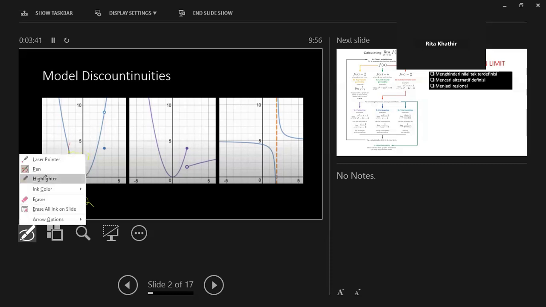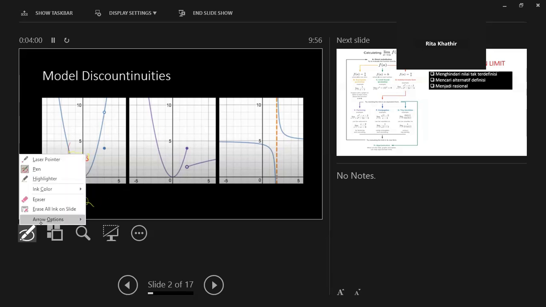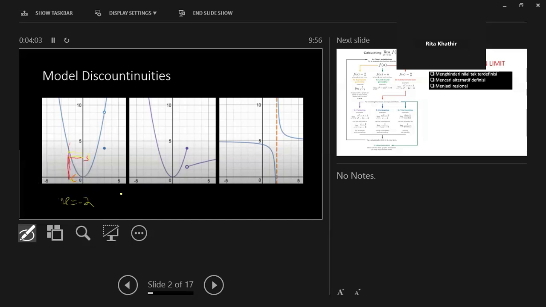When x approaches -2, we can write here the limit as x approaches -2 from the right hand side, so -2 plus, of f(x), and then we have 3.